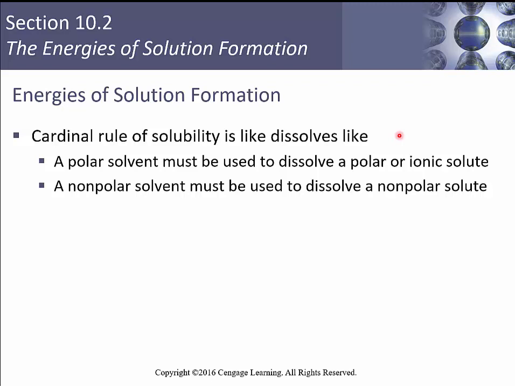In order for two liquids to mix, or be miscible, we have to have a polar solvent that's going to be used to dissolve a polar or an ionic solute. So sodium chloride, which is ionic, will dissolve in water, which is a polar solvent. A nonpolar solvent must be used to dissolve a nonpolar solute.